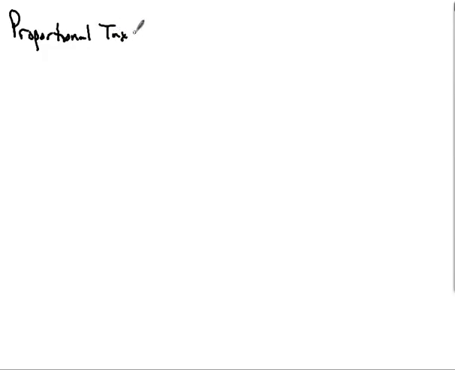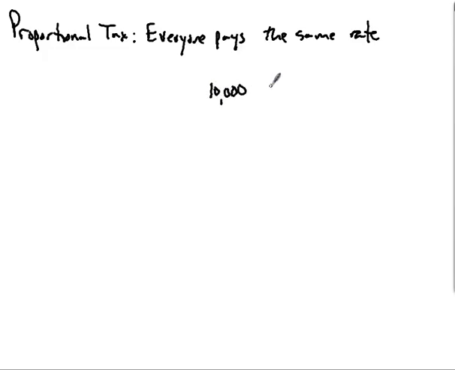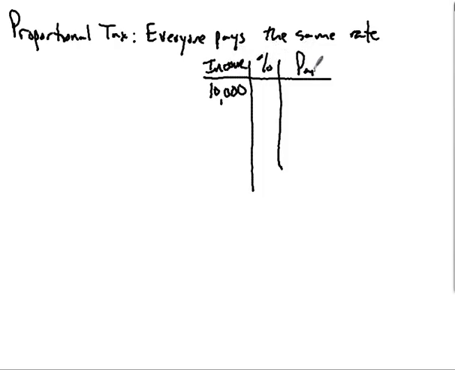This is where everyone basically pays the same rate. Let's look at our four people again. We have the income level, the percentage, and how much they paid.